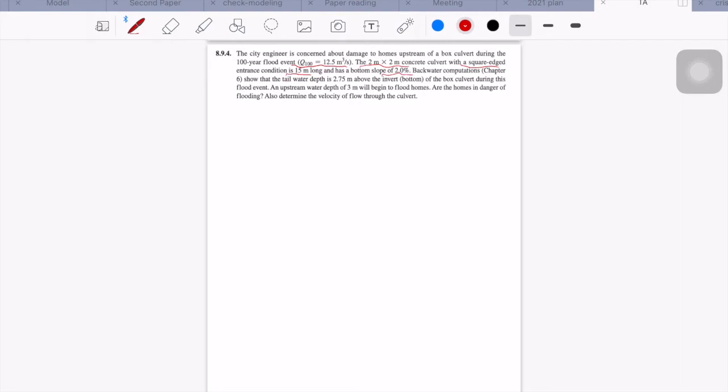Backward computations show that the tailwater depth is 2.75 meters above the invert of the box culvert during this flood event. An upstream water depth of 3 meters will begin to flood homes. We need to determine if other homes are in danger of flooding, and we also need to determine the velocity of flow through the culvert.